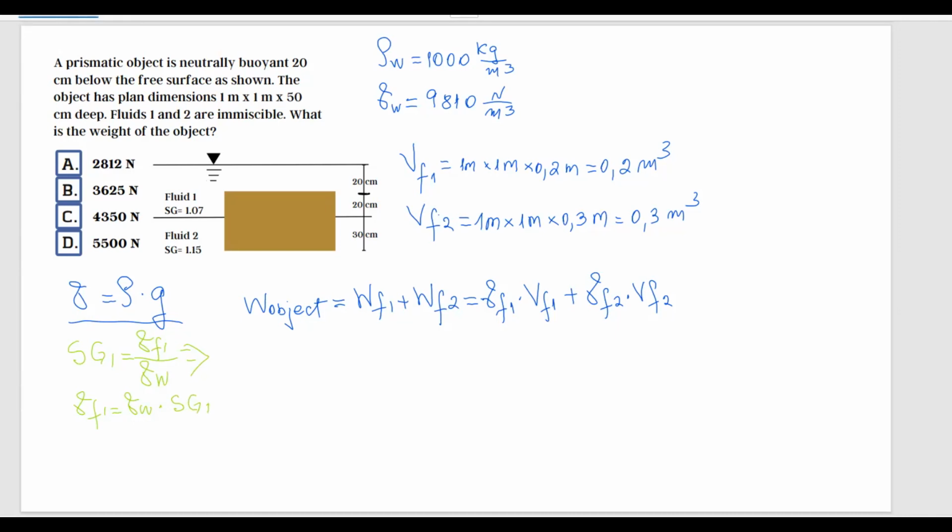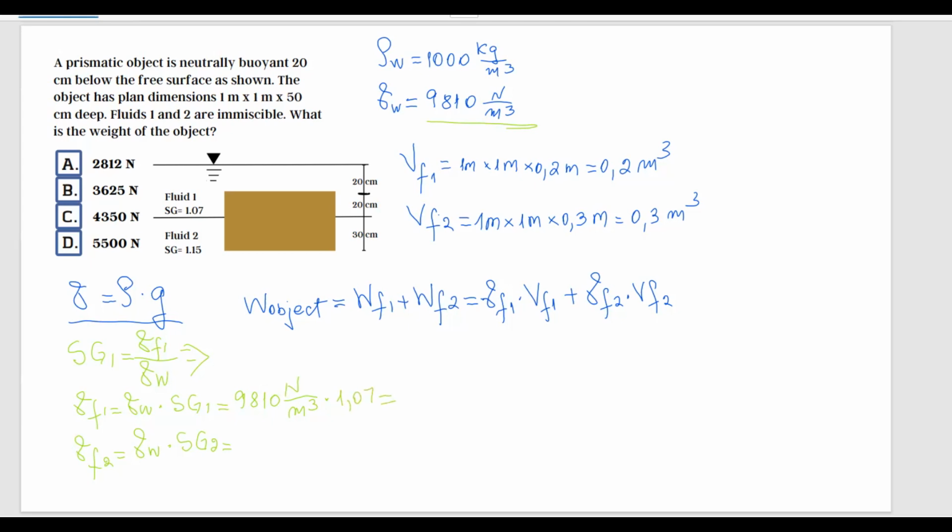And the same thing from this formula, we can say unit weight of fluid number 2 is going to be equal to unit weight of water multiplied by specific gravity of fluid number 2. And from here, let's go ahead and substitute. Unit weight of water right here is 9,810 newtons over meters cubed multiplied by specific gravity of fluid 1, which is 1.07.